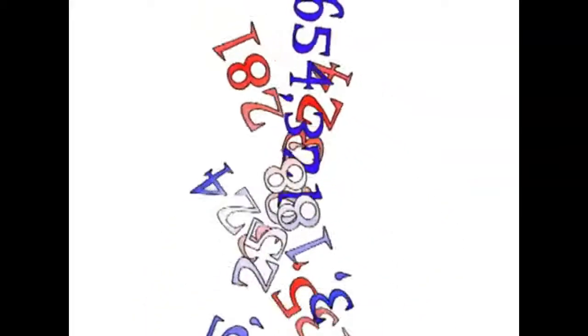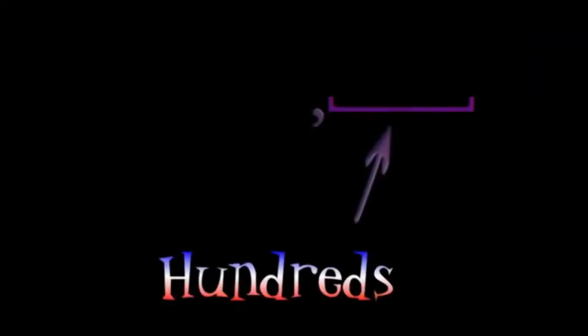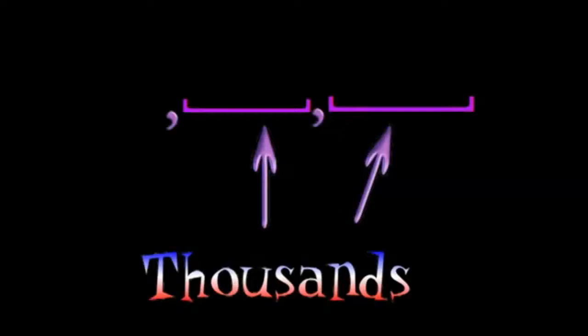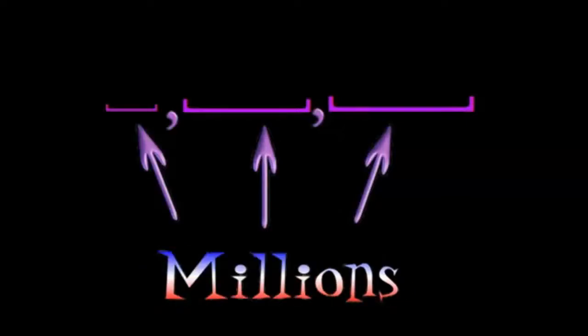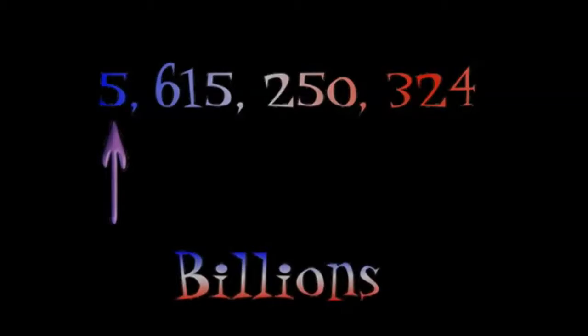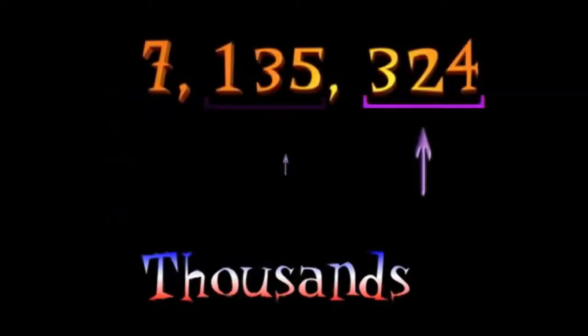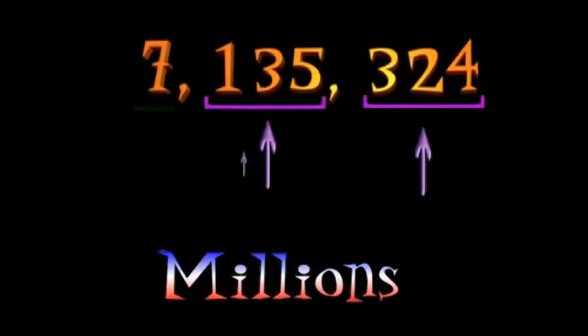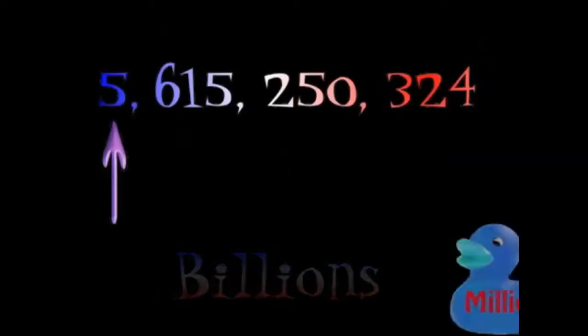Go and say your numbers now. Thousands, millions, you know how. Hundreds, thousands, then the millions. They're the ones before the billions. Hundreds, thousands, then the millions. They're the ones before the billions.